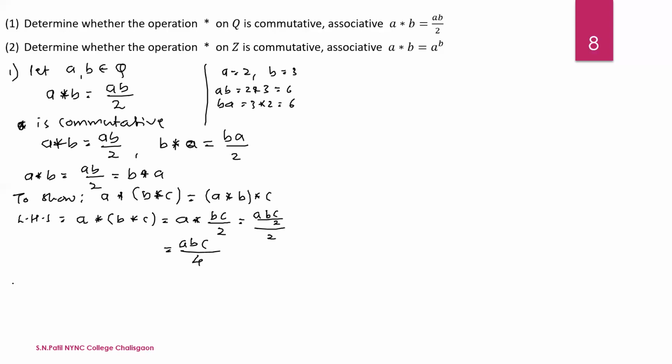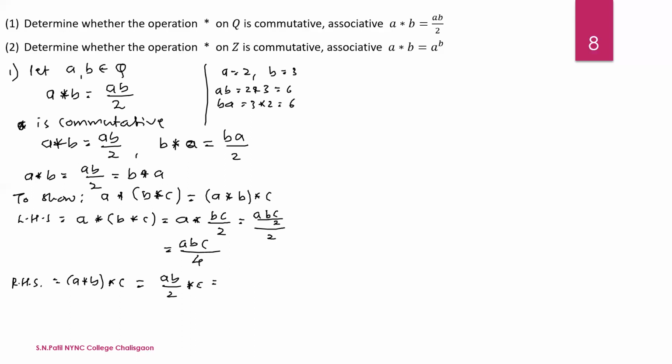Now we find out the RHS. RHS is A star B, star C, is equal to: A star B is A into B divided by 2. A star B means the product of these two elements divided by 2, star C. Again, these are the two operands: AB upon 2 is one element and C is one element.